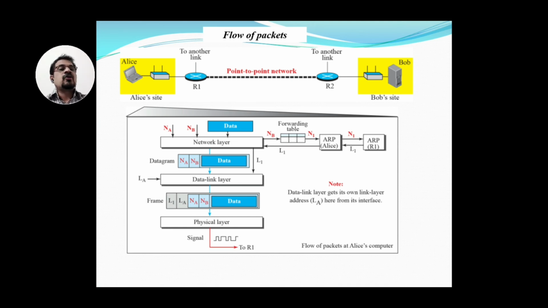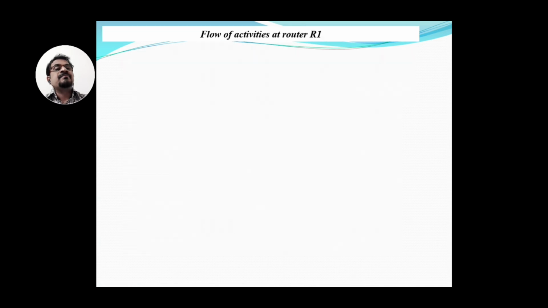With the help of the forwarding table, the ARP protocol sends a request to all the nodes. Whichever node has that particular IP address responds with its link address. Then the data link layer stores that information, and it is passed on to the physical layer, which sends it via the transmission medium.